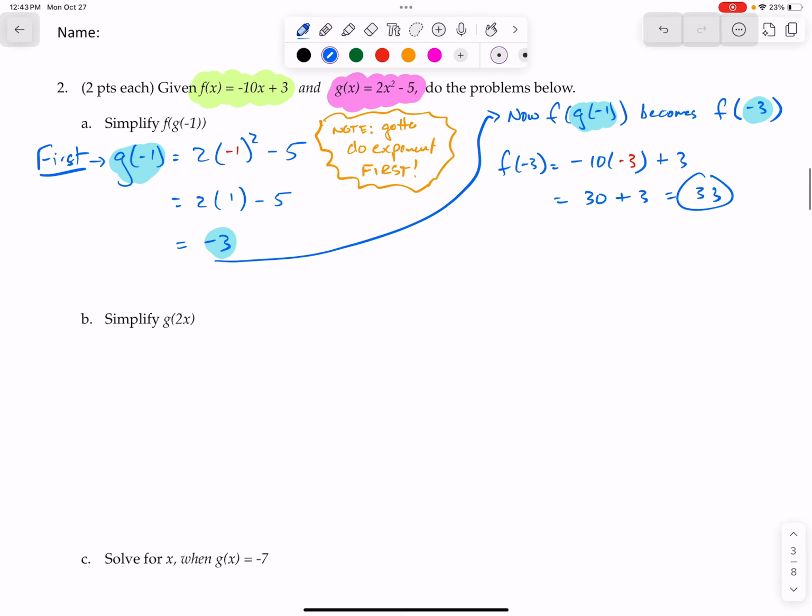Okay, g of 2x. All that really means is 2x goes in place of x. So there and there. So g of 2x means 2 times 2x squared minus 5.